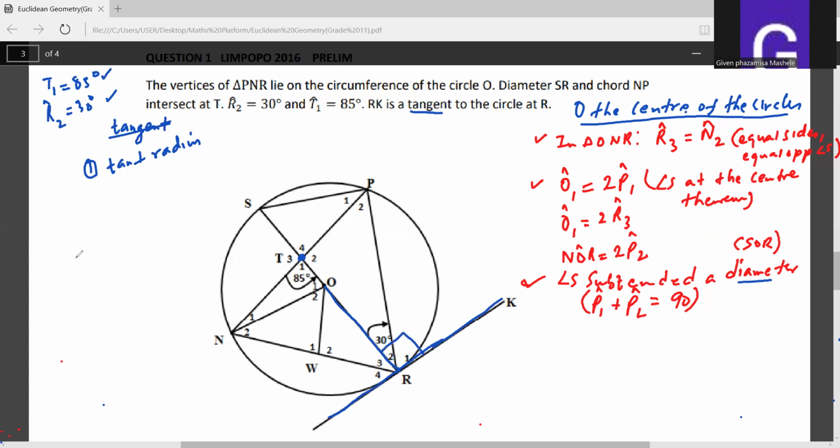If we combine R1 with R2, this will give us 90 degrees, tangent perpendicular to radius. Even R3 plus R4 equals 90 degrees. And if we wanted to answer this question, since we know that R2 is 30 degrees, what would be R1? Obviously, R1 will be 60 degrees.